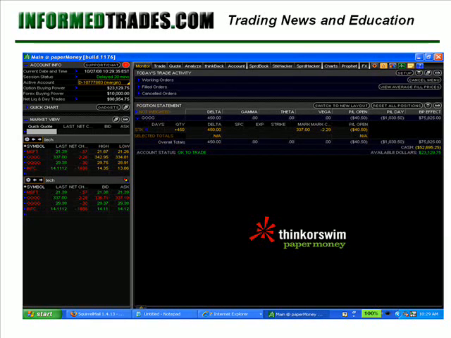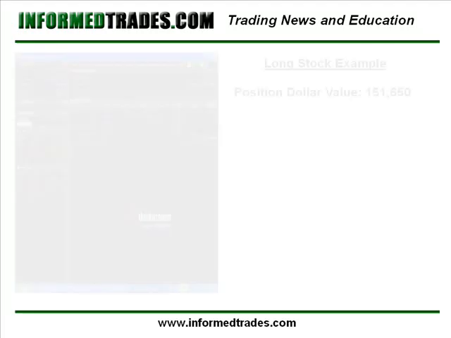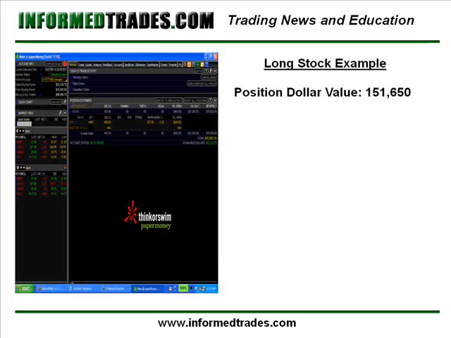This means that the dollar value of this position as displayed on the platform is $151,650. As you can also see, the cash balance of my account is $98,954.75. So it is obvious here that without the use of margin, I would not have been able to purchase this position. Next, let's take a look at how the math flows through my account here.